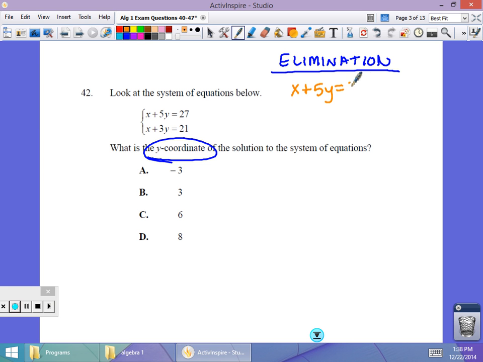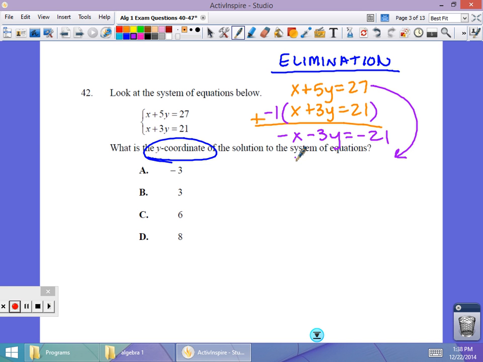I can't eliminate anything right off the bat, so I need to multiply one of the equations. Since both of my x's have a coefficient of 1, I'm going to multiply the second equation by -1. So give me negative x minus 3y equals negative 21. And then I'm just going to bring down that first equation.